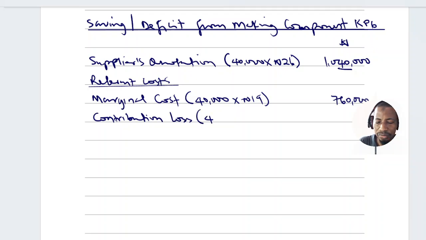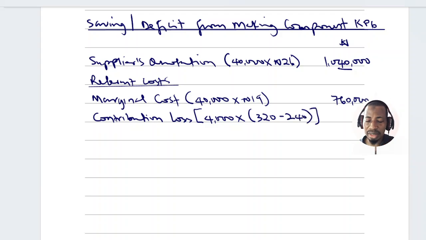So we are told it is 4,000 units multiplied by, open a bracket, 320 minus 240. The 320 is the selling price, 240 is the marginal cost or variable cost per unit.